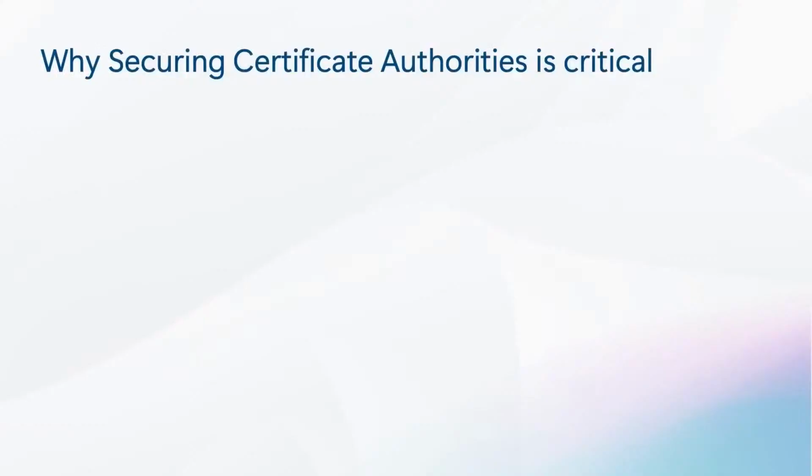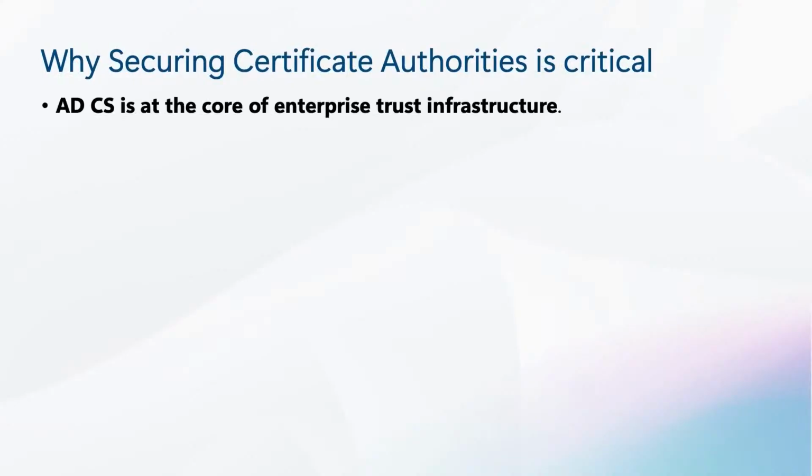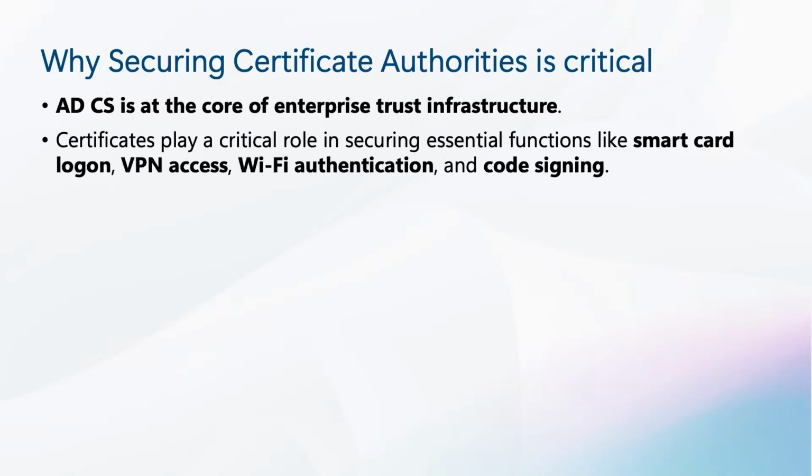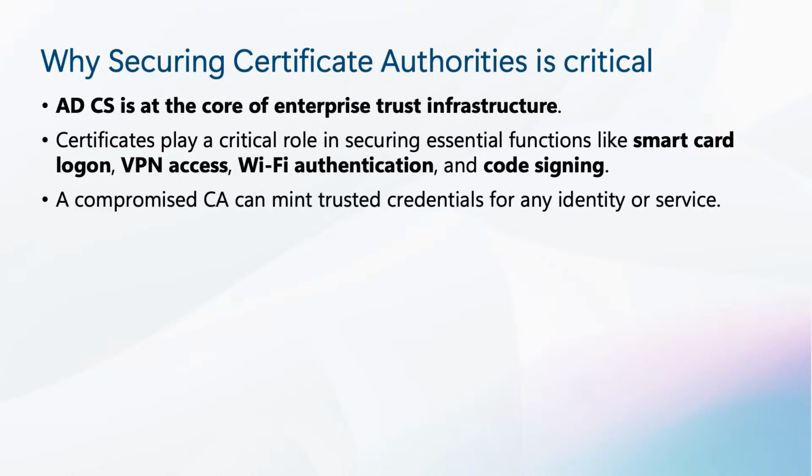Let's start with why the security of CA matters so much. CAs are at the core of organizations' trust infrastructure. The certificates they issue secure critical operations like smart card logon, VPN access, Wi-Fi authentication, and code signing. If a CA is compromised, it can issue credentials trusted for any identity or service, essentially letting an attacker impersonate anyone.